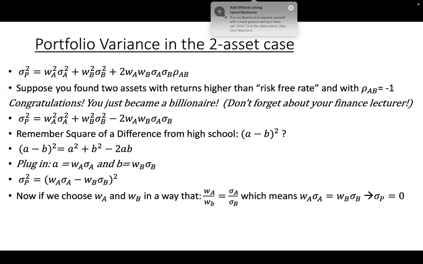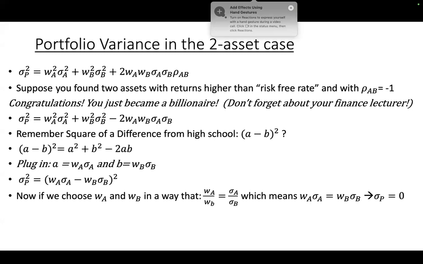Now, if we can easily select the ratio of them, WA to WB, in a way that is equivalent to sigma A over sigma B, you do that, your portfolio risk, do cross multiplication, your portfolio risk, and okay, I might have a typo over there. I mean, I do have a typo over there. It should be WA over WB equals sigma B over sigma A. Sorry about that.